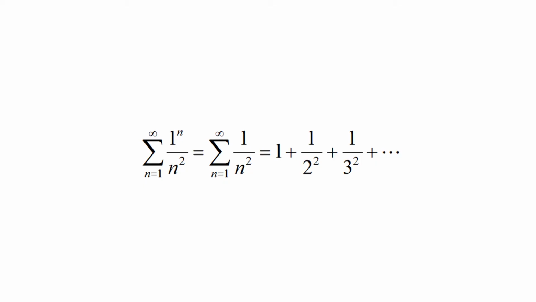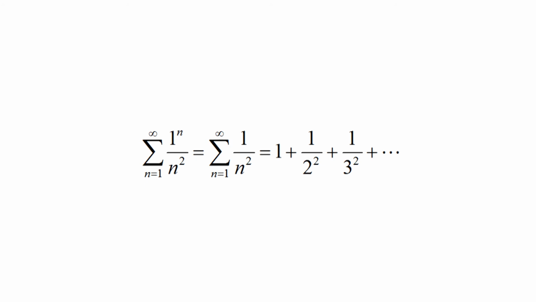If x equal to 4, the series is summation 1 to the power n upon n square where n from 1 to infinity, which is equal to summation 1 upon n square, n from 1 to infinity, which is equal to 1 plus 1 upon 2 square plus 1 upon 3 square plus etc., which is a convergent p-series with p equal to 2.